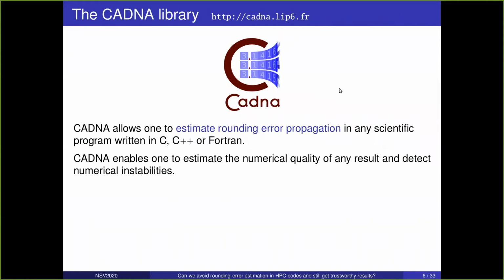So the CADNA library allows us to estimate rounding error propagation in scientific codes written in C, C++, or Fortran. CADNA enables one to estimate the number of correct digits in any result and also to detect numerical instabilities, which are usually due to numerical noise.